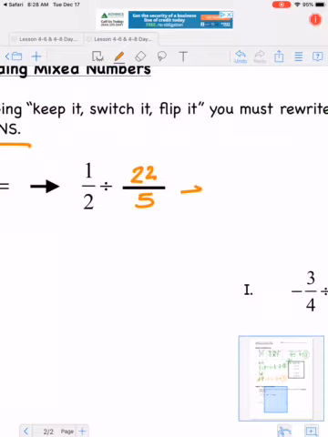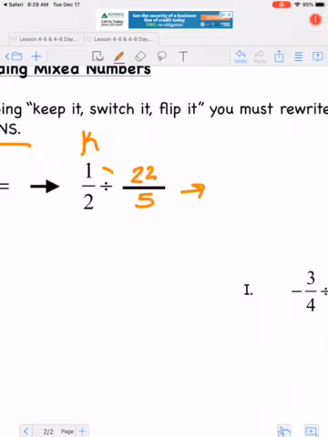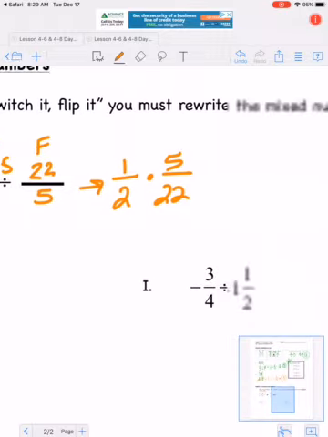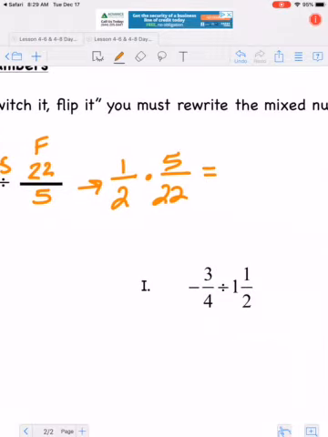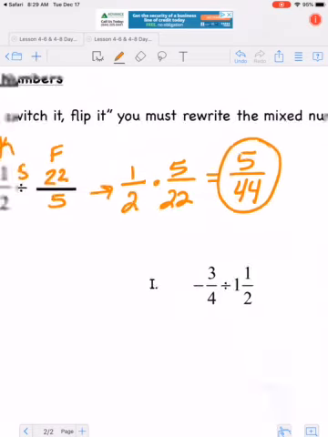But then we have to keep it, switch it, and then flip it. So I'm going to have 1/2 times 5 over 22, then multiply across. 1 times 5 is 5, 2 times 22 is 44, and we cannot simplify, so that is our final answer.